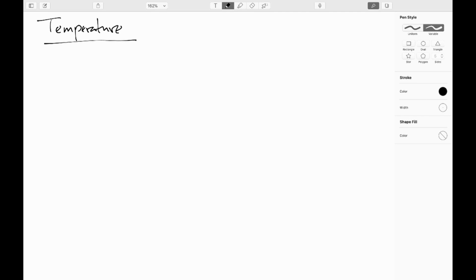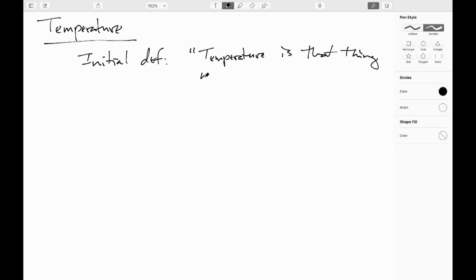So I'll take a quasi-historic approach to this over the next couple of videos. And I'll start by giving an initial definition, which I'll just define operationally and say that temperature is that thing measured by a thermometer.